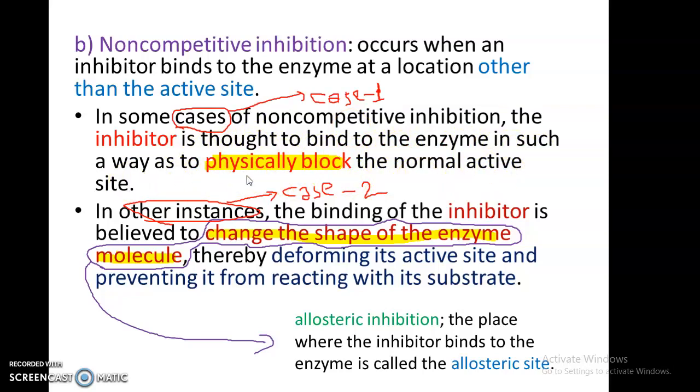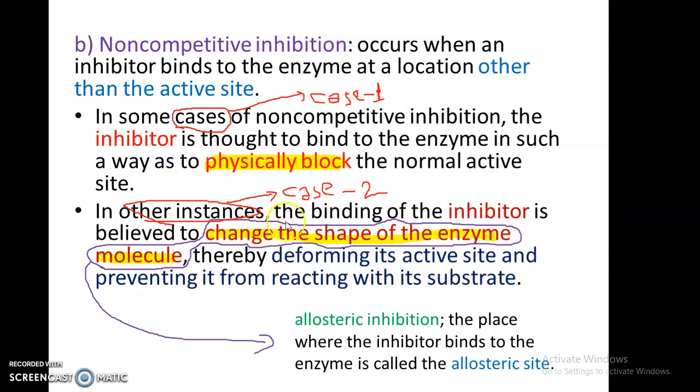For example, consider someone who stands in the doorway and prevents you from getting in or out. That is physically blocking one way. Therefore, the inhibitor will come, attach to the enzyme, and then block the right substrate.